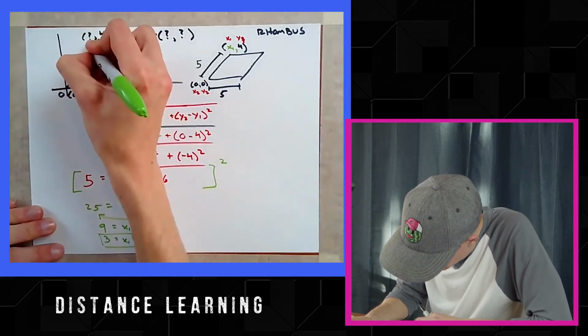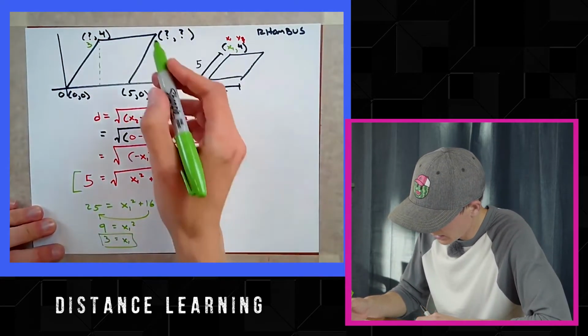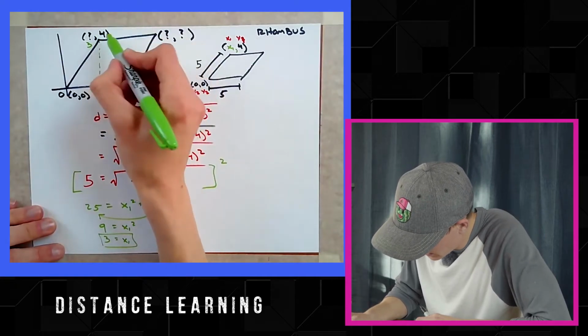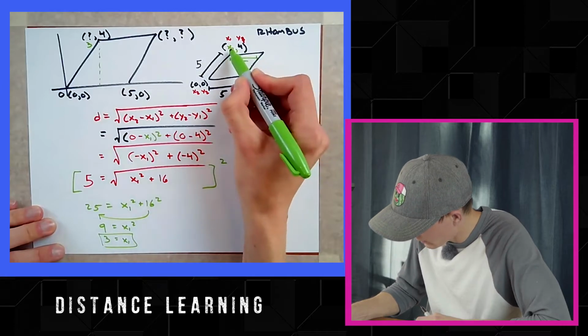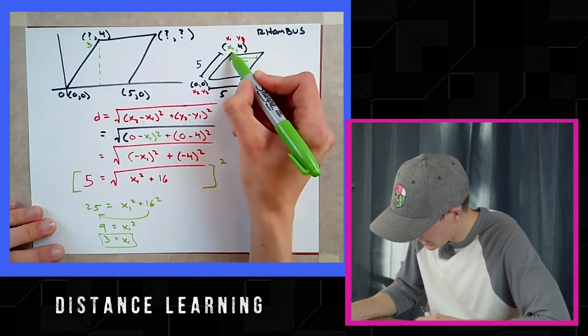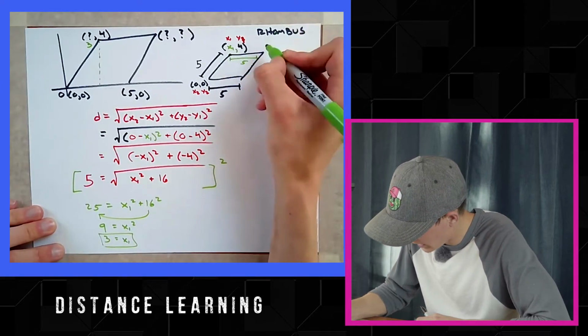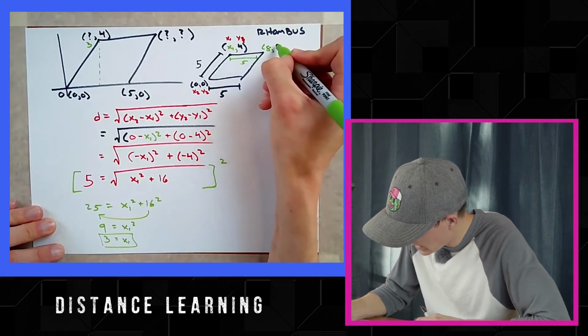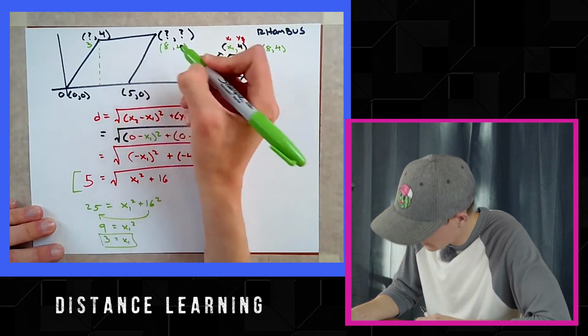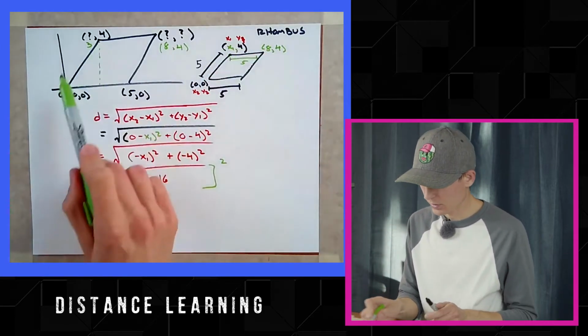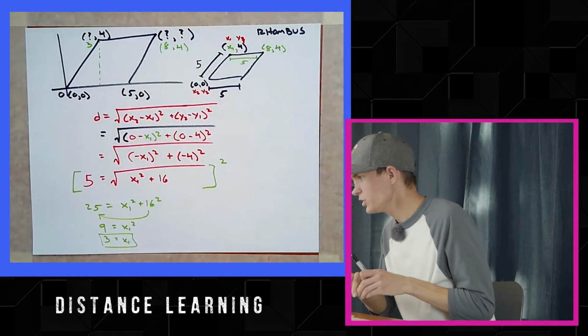So that means this part is 3. That means if this is 3, and this distance from here to here is 5, that x-coordinate is 3. That means if I add 5, I get 8. 4, 8, 4. So those are my coordinates. 3, 4, 8, 4. Shazam!